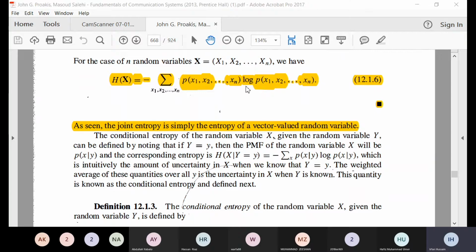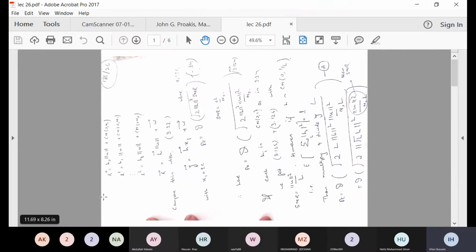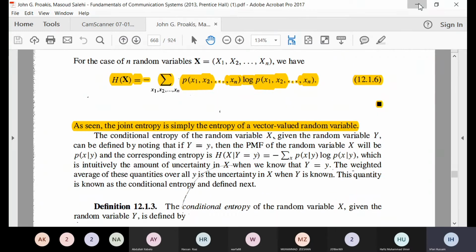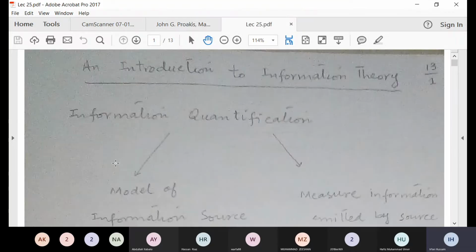So I would be teaching from the book, but I will also be going back to the lecture notes. Whenever we find that we are missing some part, especially with respect to the mathematical portion, we will be shifting to the notes.